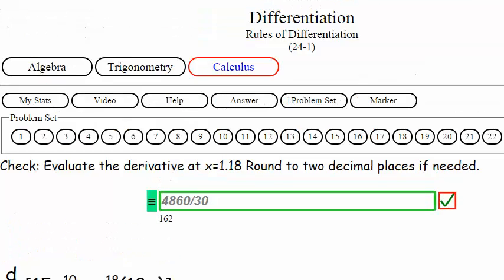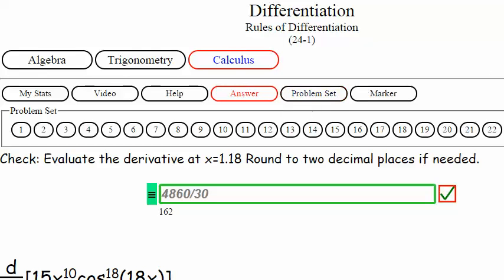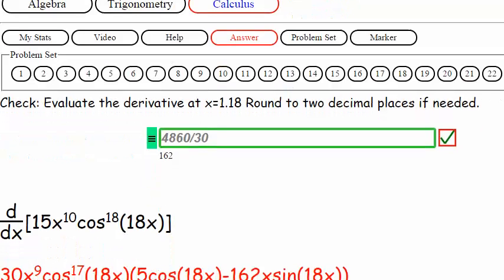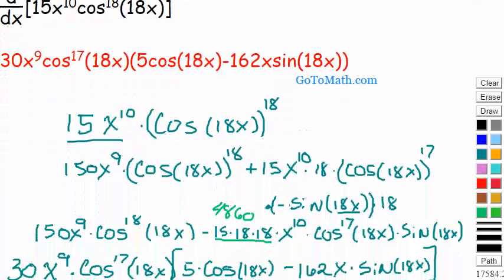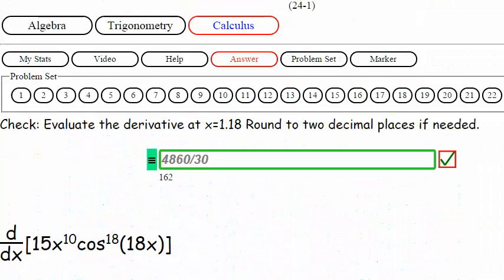I'm going to hold my breath. This part always scares me. Let's see, we got 30x to the ninth, cosine 17, and so on, 5. Okay, it all looks good. So there you go.